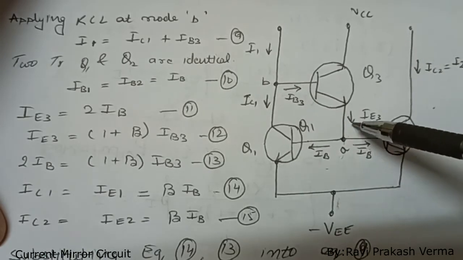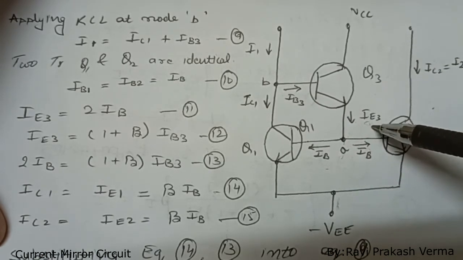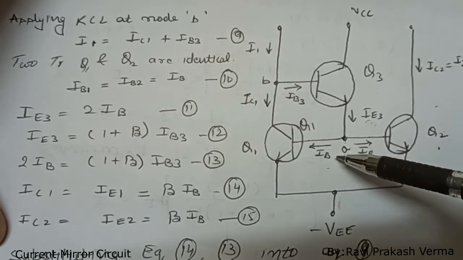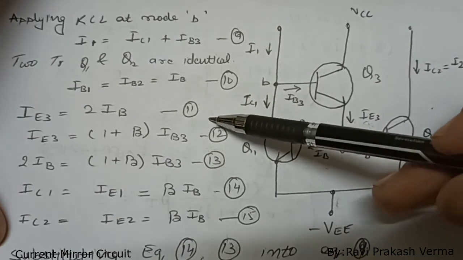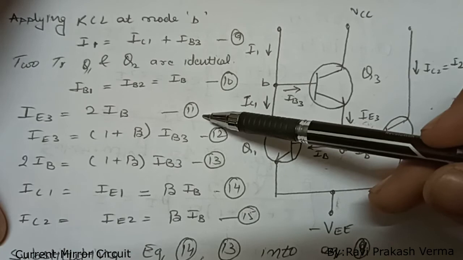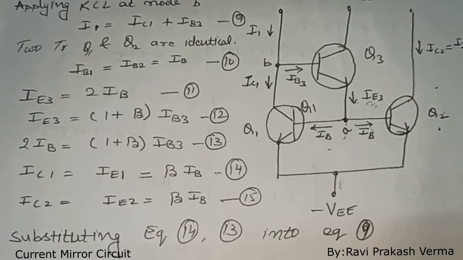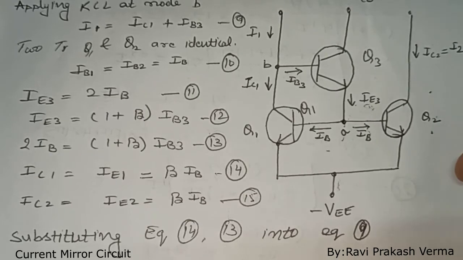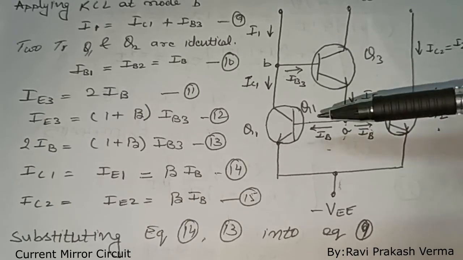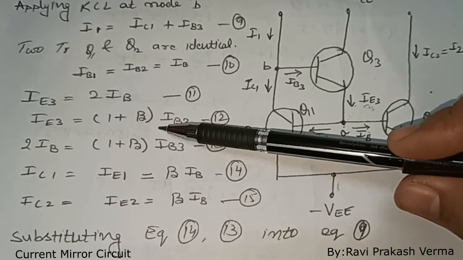According to KCL, the IE3 current is equal to 2 times IB. It has been written as equation number 11. The emitter current is equal to the sum of the base current and the collector current. From that, we can get this equation.